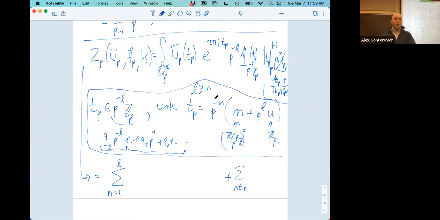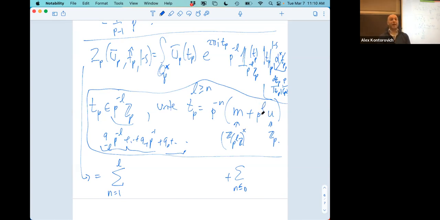So what I'm saying is, where is the first non-zero digit? The first non-zero digit has to be at most to the right of P to the minus L. So n is at most L. Pointing that out gives you a unit. I want to take the first L digits of that unit. That's an element of (Z mod P to the L Z) cross, because the first digit's not zero. Make it a positive power of that.